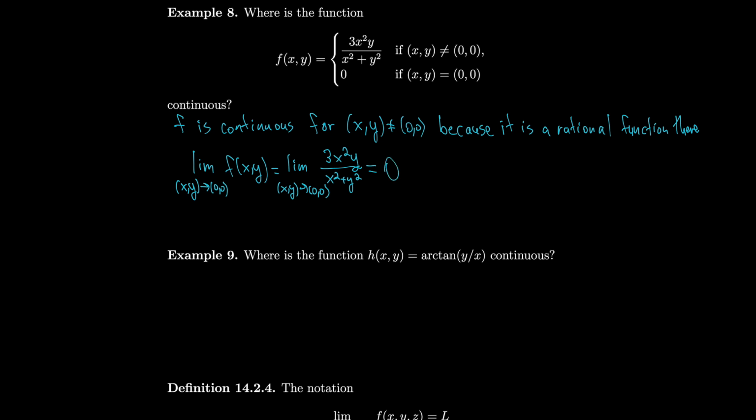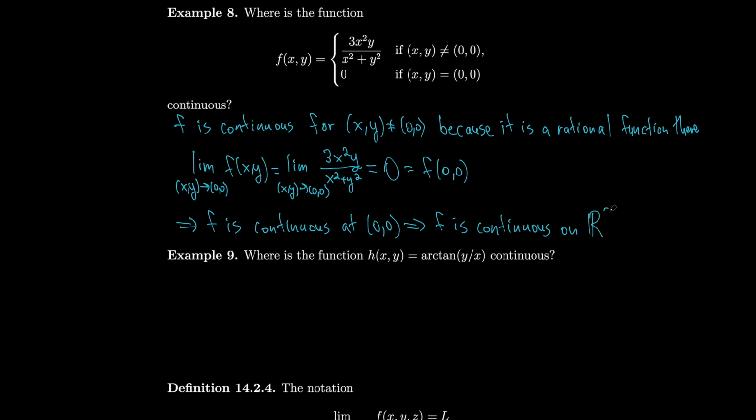We did that in example 4, so 0 is the value of the function at 0 because that's where the hole is plugged in over here. So perfect. That means that even though it was undefined for this piece, it's defined overall and the limit is equal to the value of the function, so f is continuous at (0,0). And since it was continuous elsewhere due to being rational, it is continuous everywhere. So it's continuous on all of R2, the entire plane.